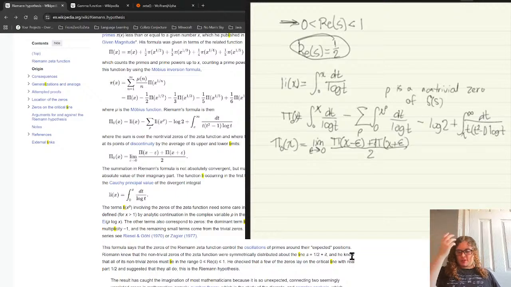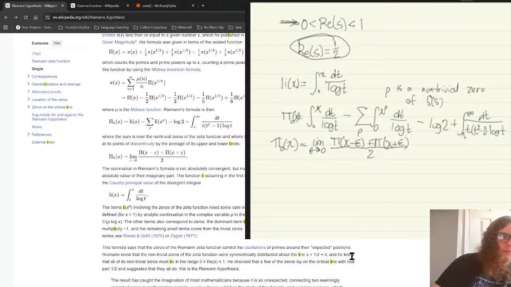So what happens if the hypothesis, the conjecture, is true? Remember that the real part said something about the length of the arrows on the complex plane.